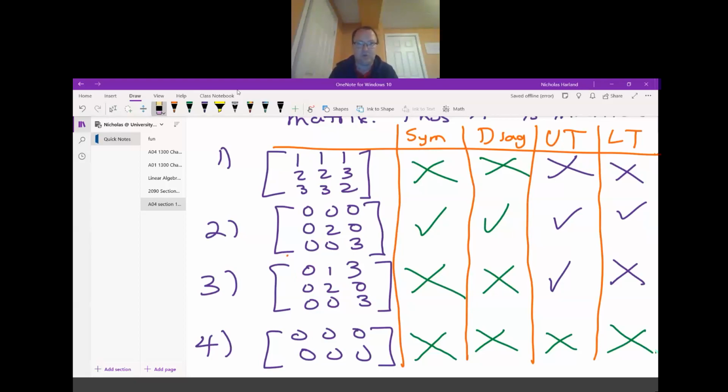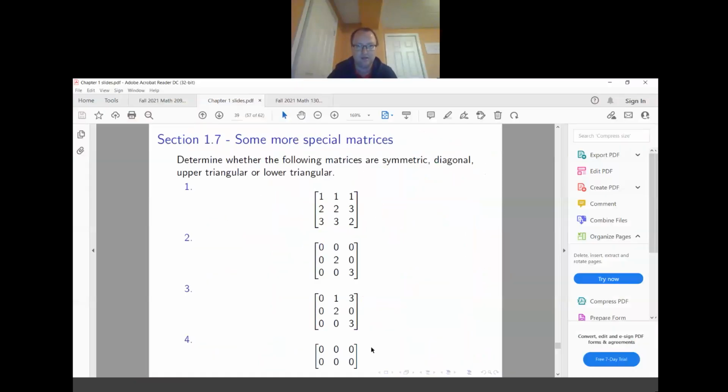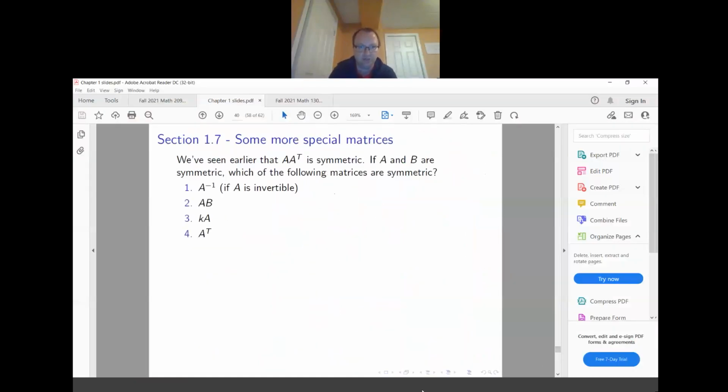All right. So any questions about what it means to be symmetric, diagonal, upper, or lower triangular, although upper and lower we're not going to see much of right now, but that'll become useful in chapter 2. All right, so just to get used to some of the properties, assuming A and B are symmetric, I claim that 3 of these things are symmetric.